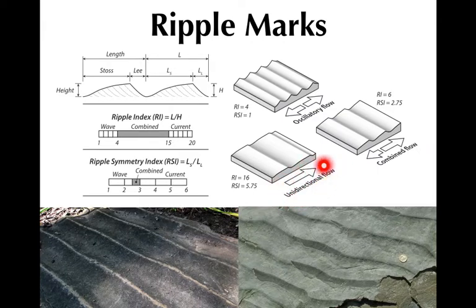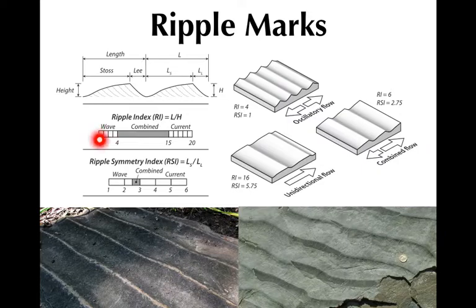Current ripples, those that are produced under unidirectional flow, typically have a large upstream side and a very short downstream side, so they're very asymmetrical. And they're also usually a lot less high relative to their width. And so the ripple index is a measure of length versus height, the width of the ripple versus how high it is.